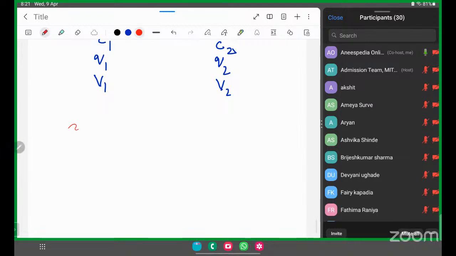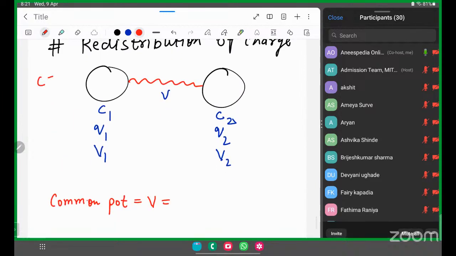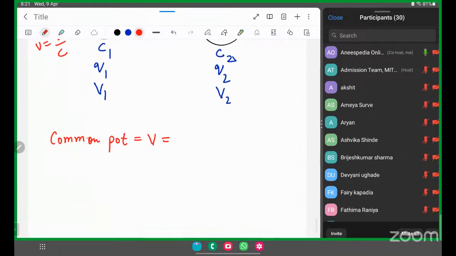Common potential is given by V equals, because the general formula for C is Q by V, so V will be given by Q by C. Using this formula, the common potential will be overall charge Q1 plus Q2 upon overall capacitance C1 plus C2.